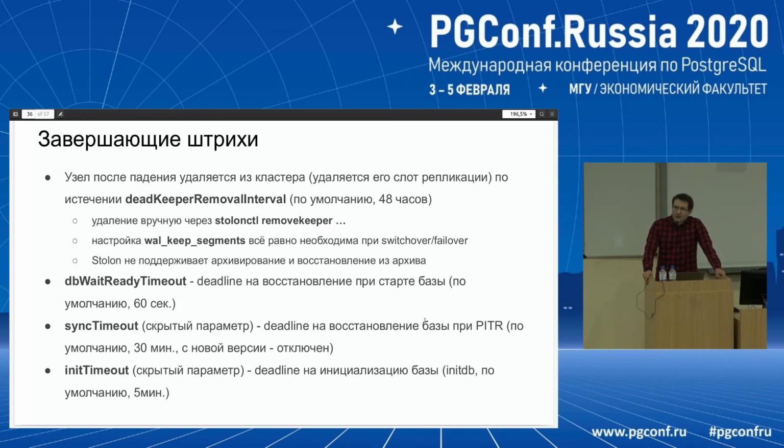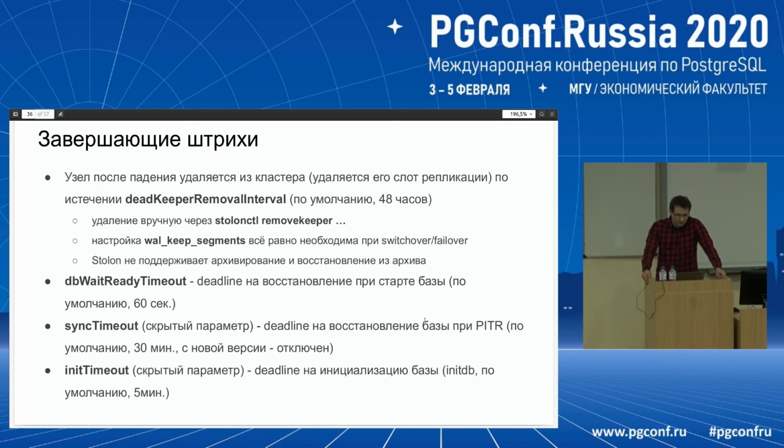It is to be mentioned too that Stolon tries to automate as many things as possible. Sometimes it's not good. For example, it has special timeouts and deadlines for some long-lasting processes inside Postgres. For example, DB wait and DB timeout set the deadline for process recovery at database start, 60 seconds by default.